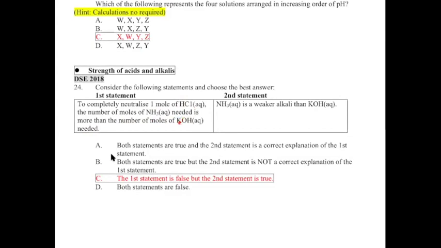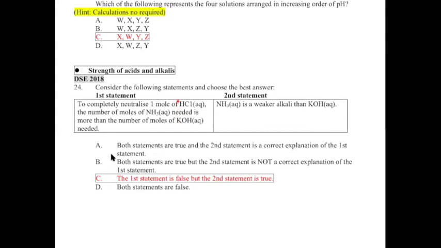So it doesn't matter whether it's strong acid or strong alkaline or weak alkaline. It will push the reaction until it's complete, until all the hydroxide has been used up. You just need to work out the total amount of hydroxide needed for neutralizing those hydrogen ions. So it's not about its strength. The reaction would go to completion.